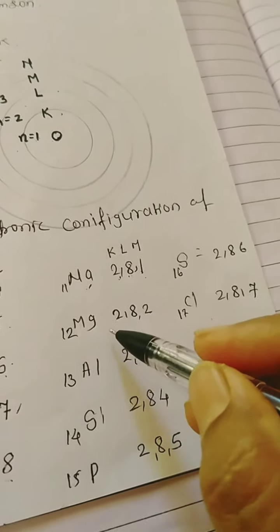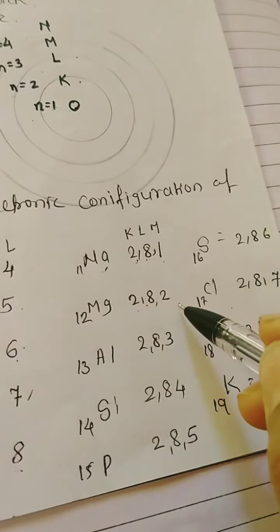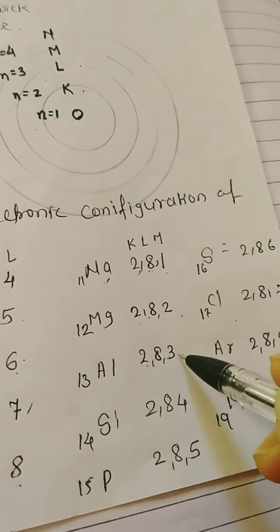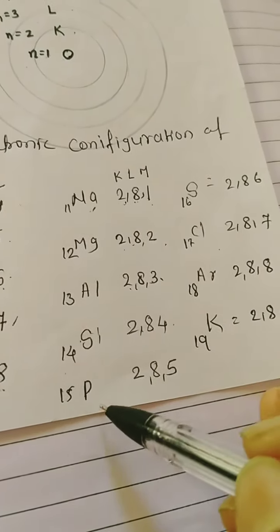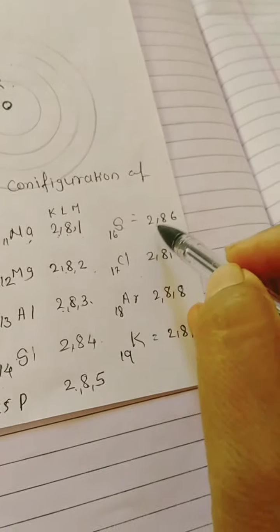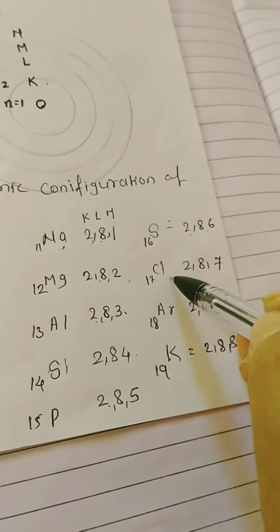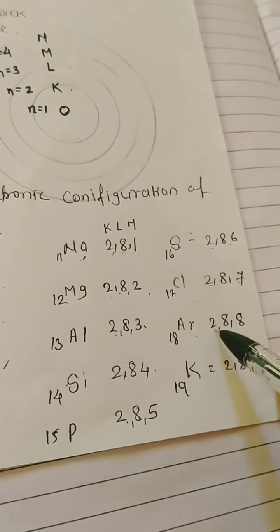Okay. In the same way, magnesium का electronic configuration होता है 2, 8, 2, aluminium 2, 8, 3, then silicon 14, 2, 8, 4, phosphorus 15, 2, 8, 5, sulfur 16, 2, 8, 6, chlorine 17, 2, 8, 7, argon 2, 8, 8.